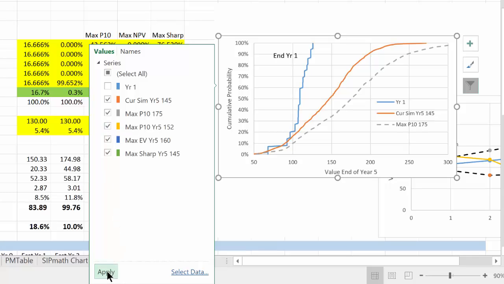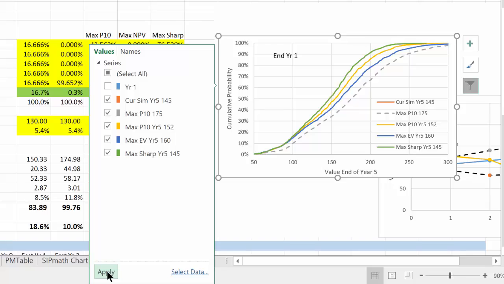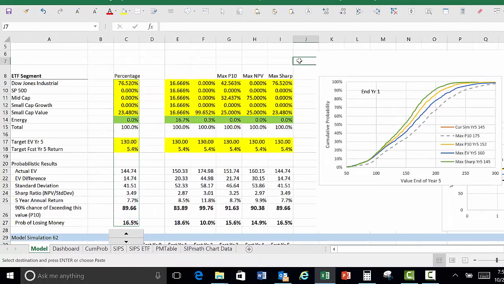Let's see what that looks like. I had previously stored these results, so you can see that the results are consistent. So maximize the Sharpe ratio gave an EV of 144. Maximizing the EV with 160, and maximizing the P10 with 152.